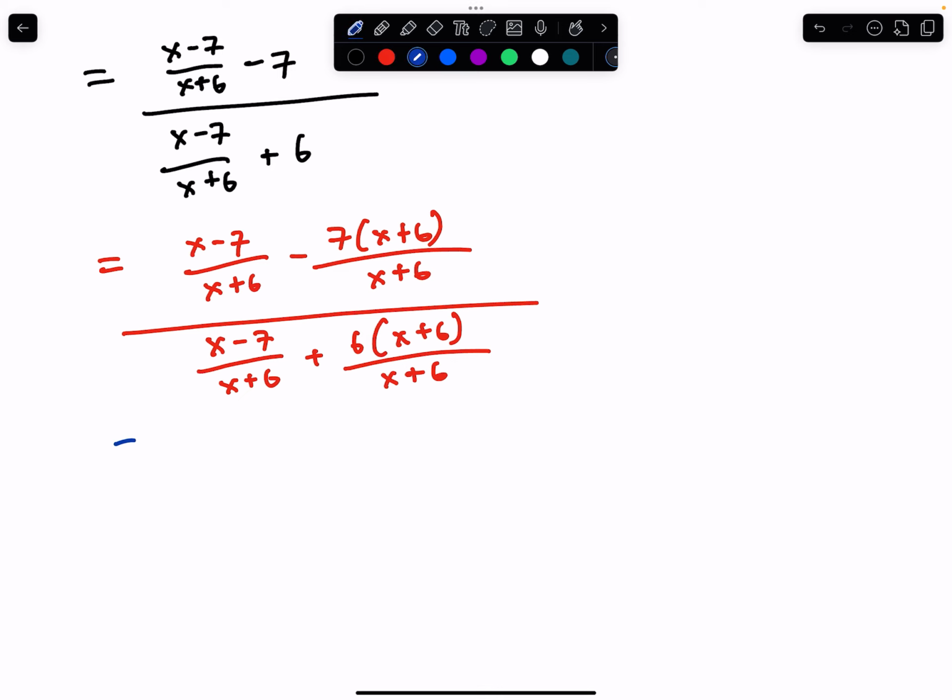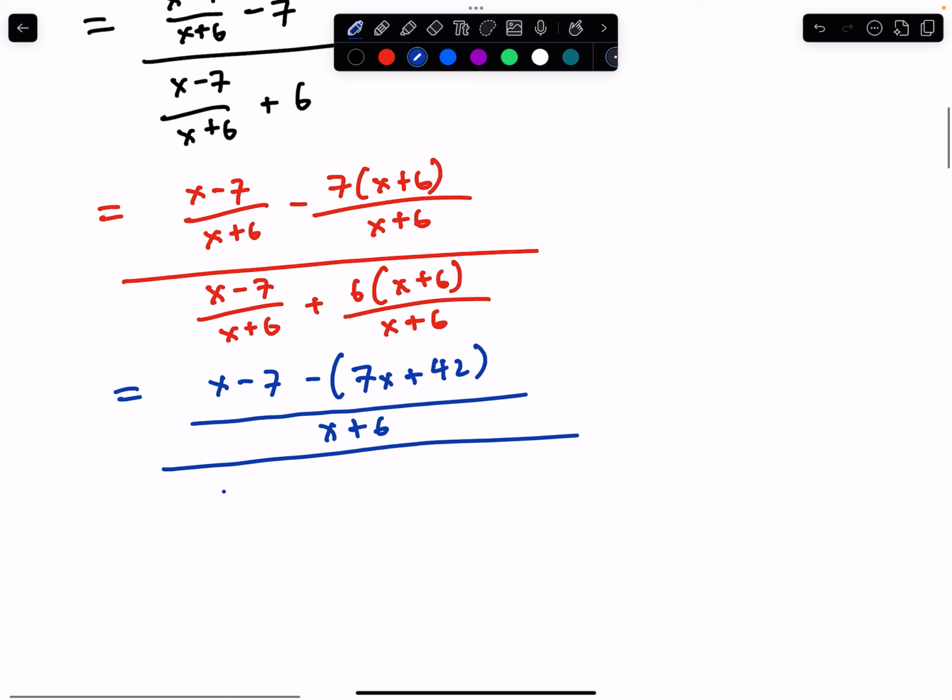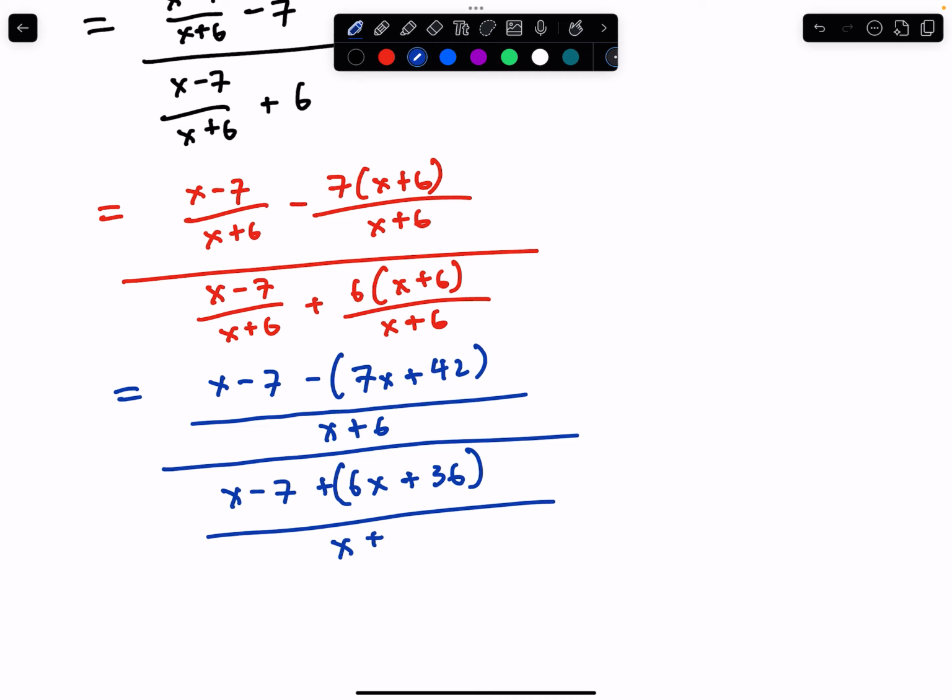Okay, that's going to be x minus 7 minus 7x plus 7 times 6 is 42, and then over x plus 6. All of that is over x minus 7 plus 6x plus 36, all again over x plus 6.